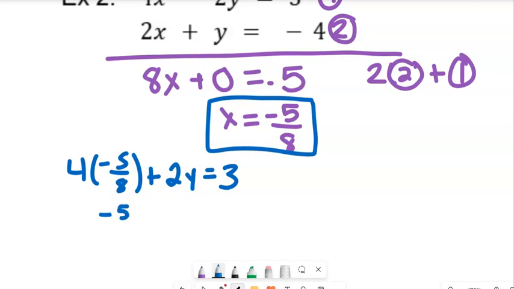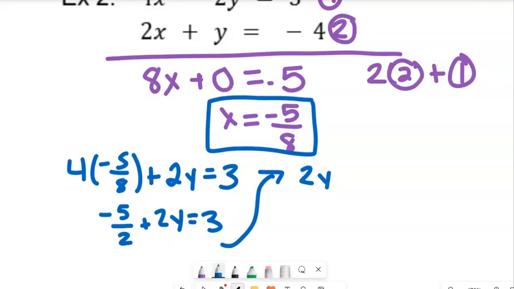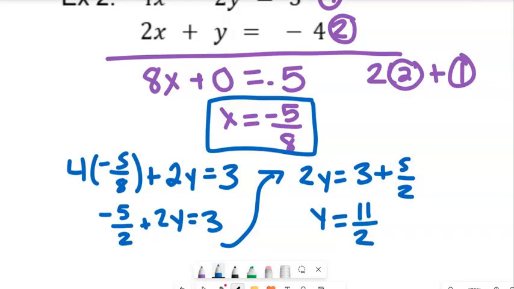This is going to become negative 5 over 2 plus 2y equals 3. 3 plus 5 over 2 is 2y. 3 is 6 halves, so this is 11 over 2, divided by 2 is 11 over 4.